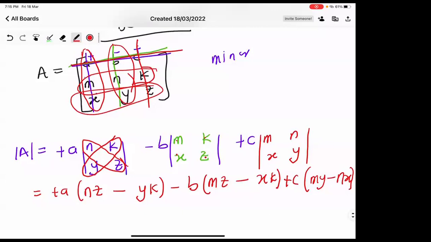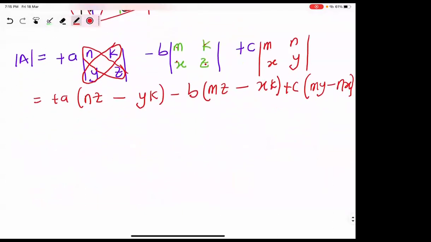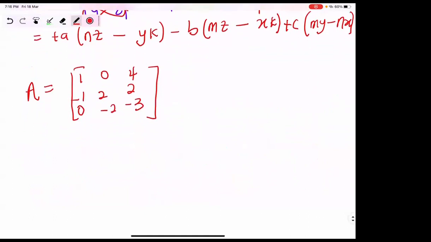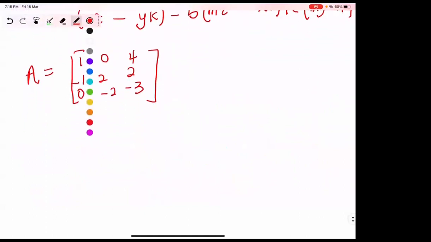Let's pick a 3 by 3 matrix and find its determinant. Assuming matrix A is 1, 0, 4, minus 1, 2, 2, 0, minus 2, minus 3. First we apply the sign convention: plus, minus, plus, minus, plus, minus, plus, minus, plus.